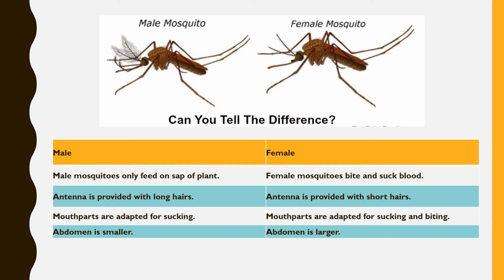The mouth parts of male mosquitoes are adapted for sucking, whereas the mouth parts of female mosquitoes are adapted for sucking and biting. In male, the abdomen is smaller, while the female possesses the larger abdomen.